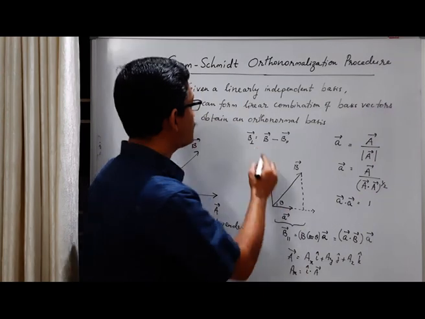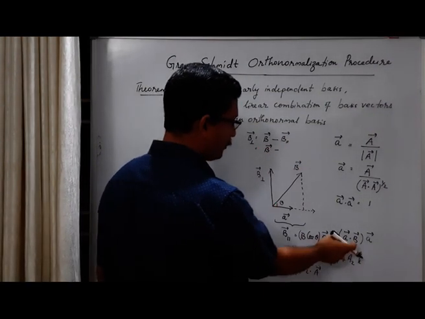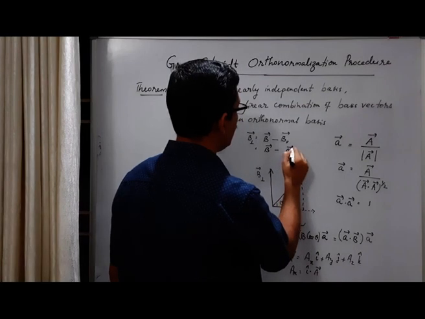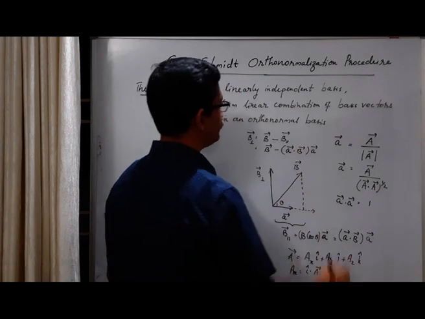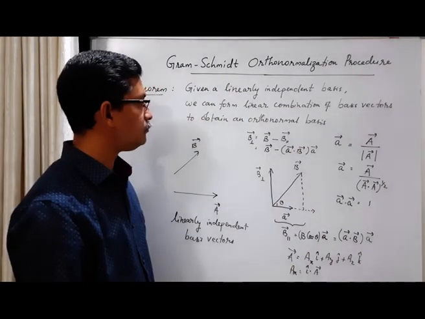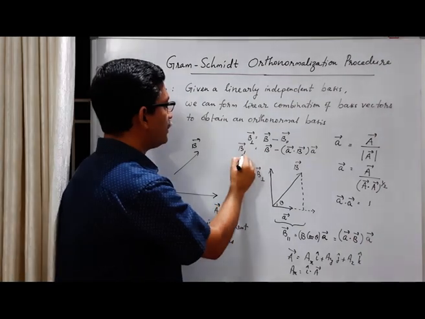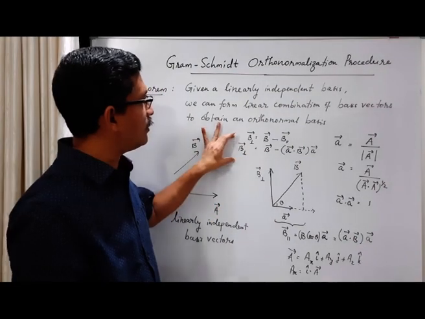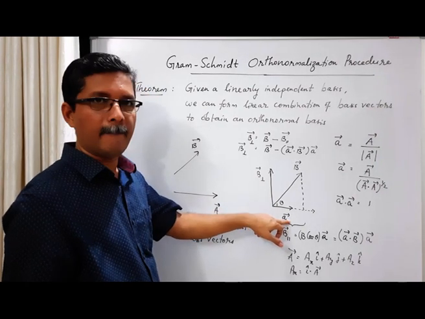Or I can say this is equal to B minus, and B parallel is A dot B along A. This is B perpendicular. And clearly this vector B perpendicular will be perpendicular to this vector A.